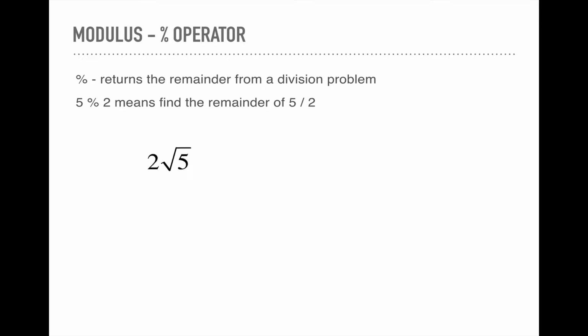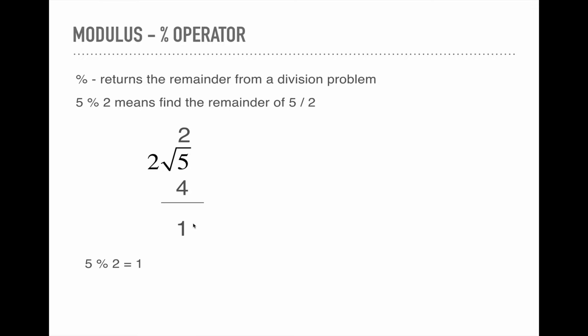If you remember back to elementary school math, when you did long division, you'd figure 2 goes into 5 twice, and then 2 times 2 is 4, and then I subtract, and I get a remainder of 1. So this is the answer. If I did 5 modulus 2, the answer is 1. What is the remainder when I divide 5 by 2? The answer is 1.